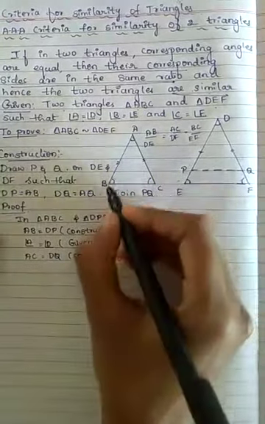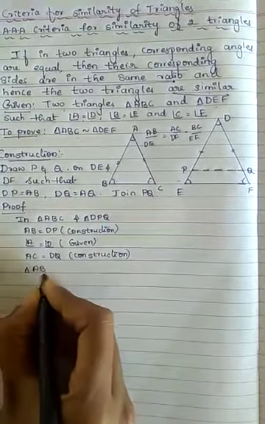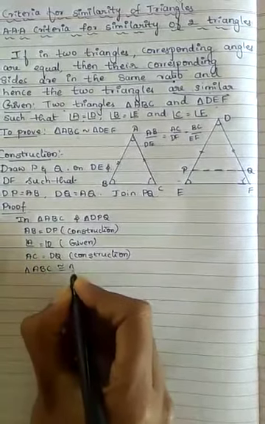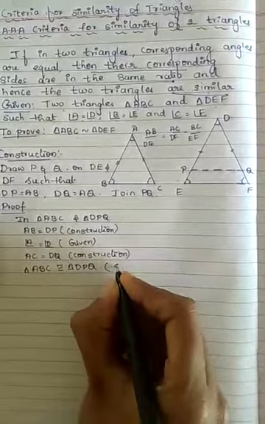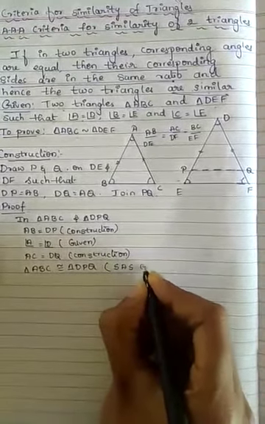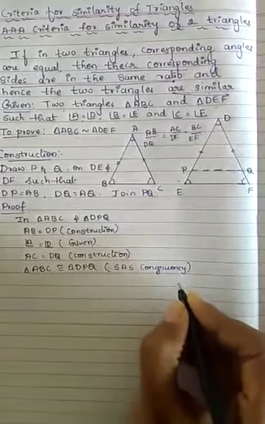So we can say that those two triangles are congruent. That means triangle ABC is congruent to triangle DPQ. Which congruency? Side-angle-side congruency.